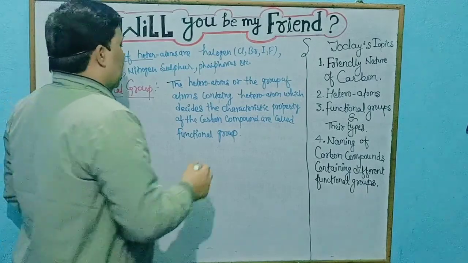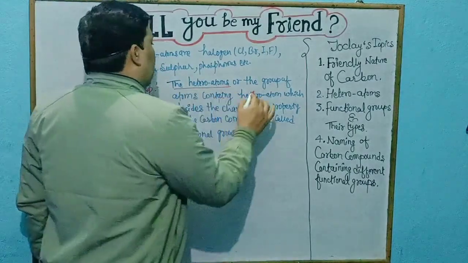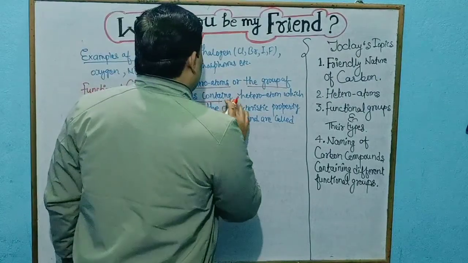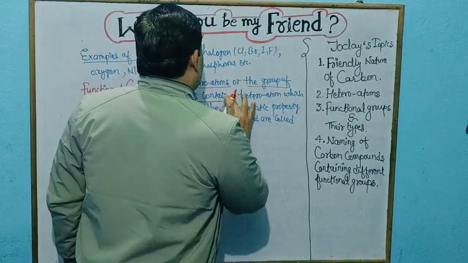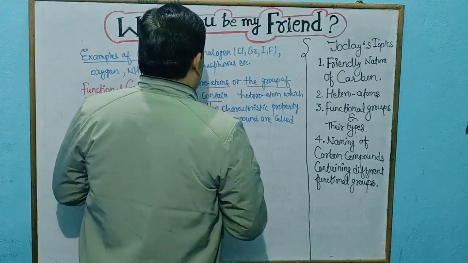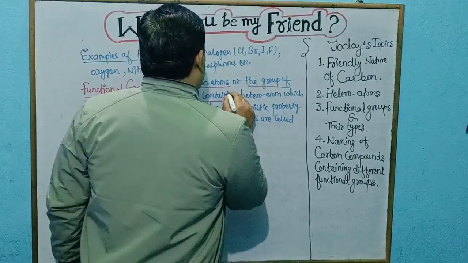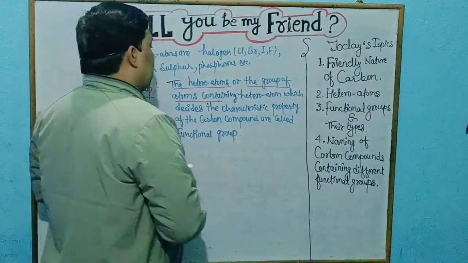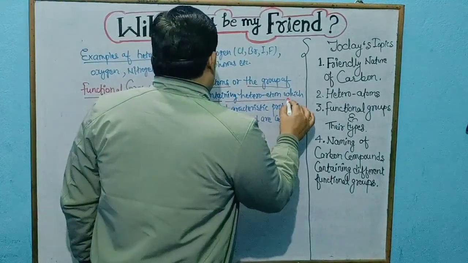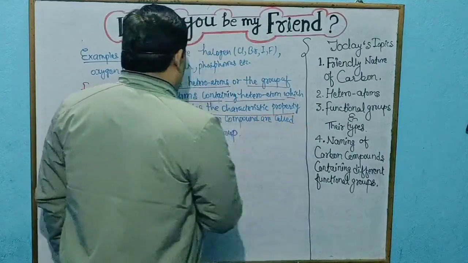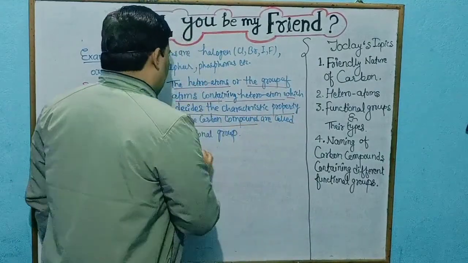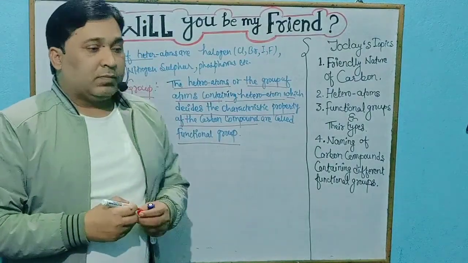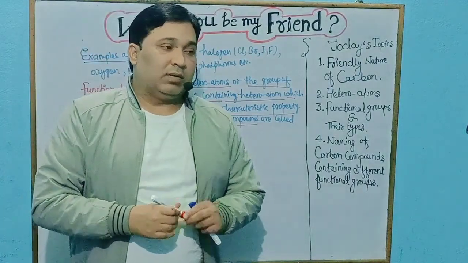Functional groups are the heteroatoms or the group of atoms containing heteroatoms which decide the characteristic property of the carbon compound. You can say it is true to say that, right?